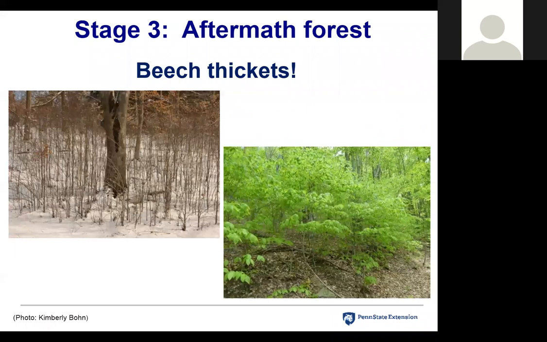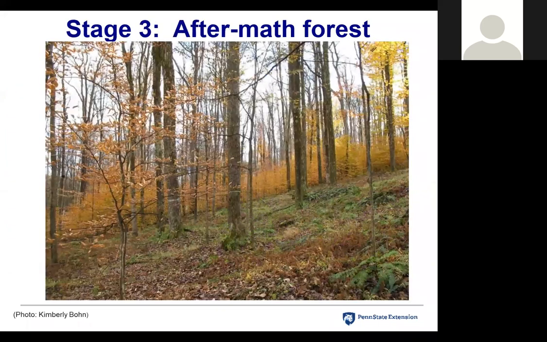I'm sure many of you have seen forests completely full of beech in the understory, and this picture is another illustration of that. If you look in the background, all those small orange trees are the beech in the fall, and they retain their leaves much longer than other species. So it's really easy to spot a forest with an understory dominated by beech in the fall, because it has this brilliant orange color.